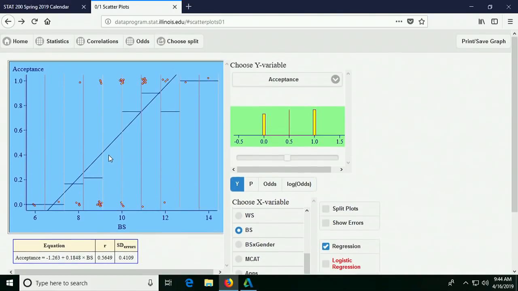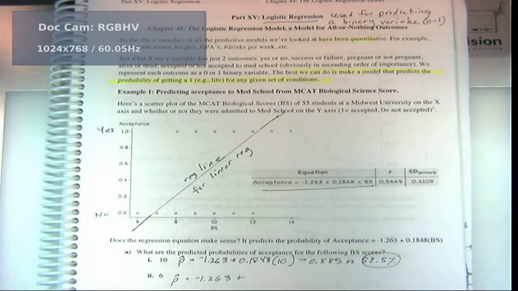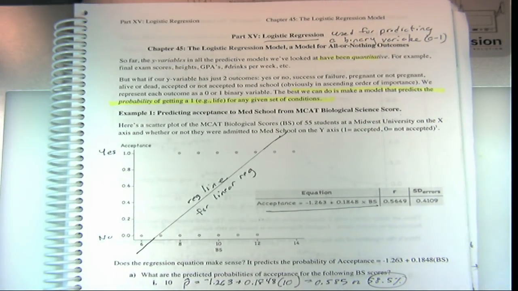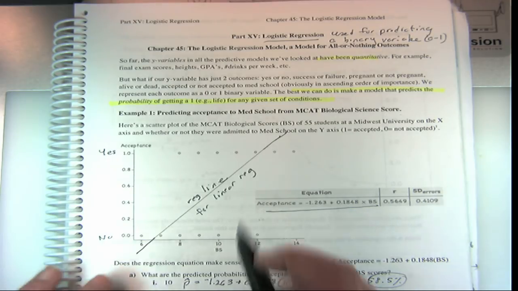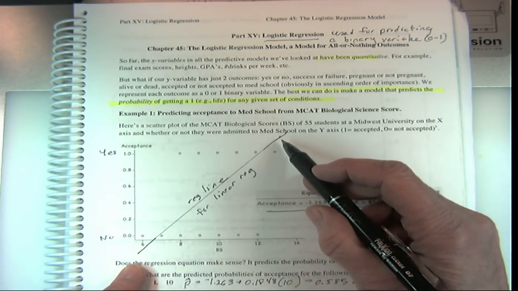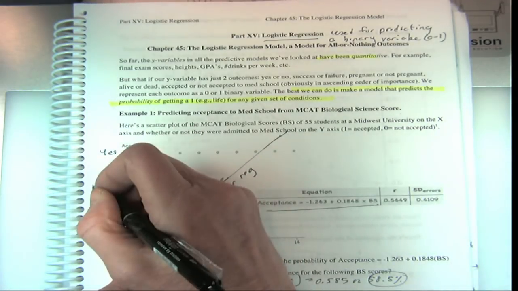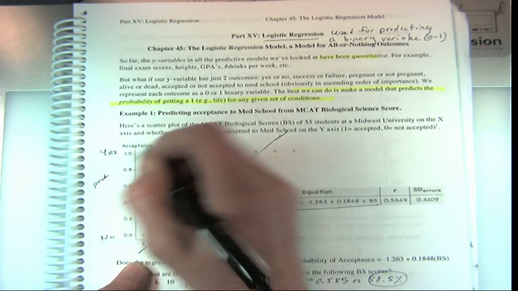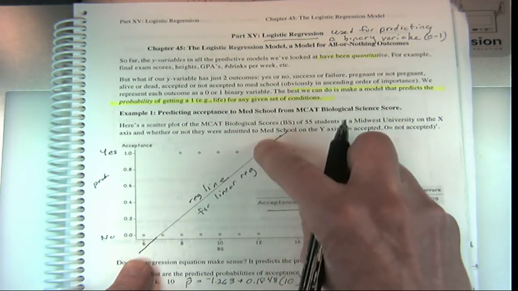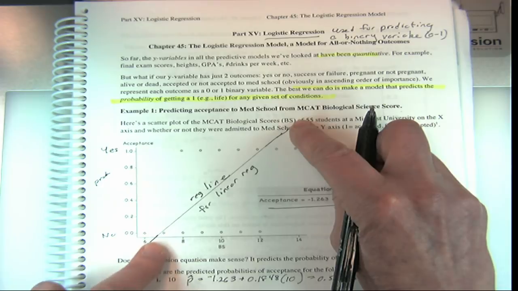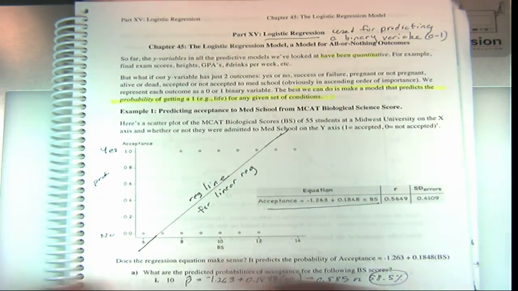That's the idea. All right, let's go back to our document camera now, and you can see that there's a problem here because it's making predictions. This is probability right here, the probability of getting accepted, and it's making predictions outside the range of probabilities, bigger than 1 and less than 0.